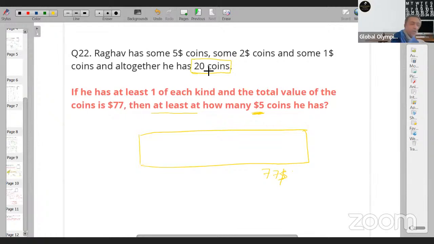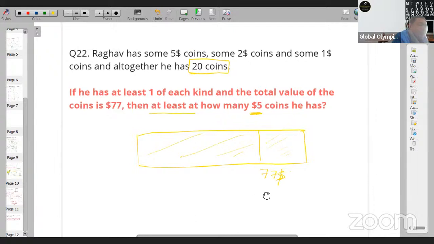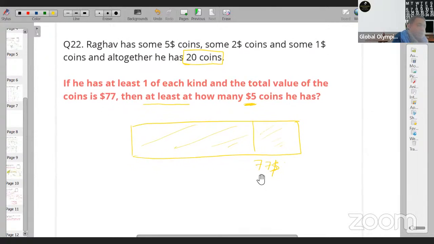You don't have an infinite number of coins, correct? So if the maximum of these coins are $2, then they occupy more space because the $2 value is more out of the $77, and the balance you can fix up with the $5 coin and $1 coins, correct? So we will try to minimize the $1 coin.